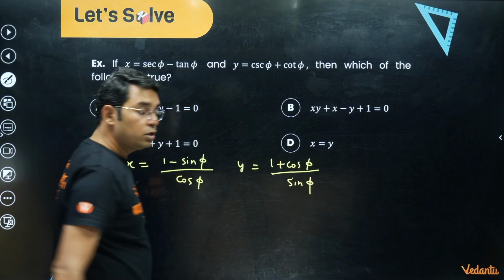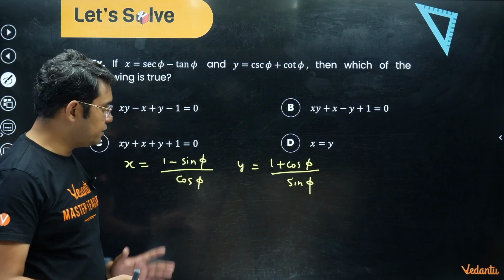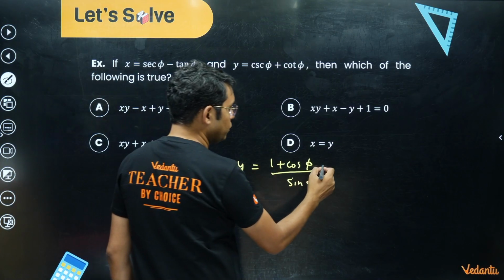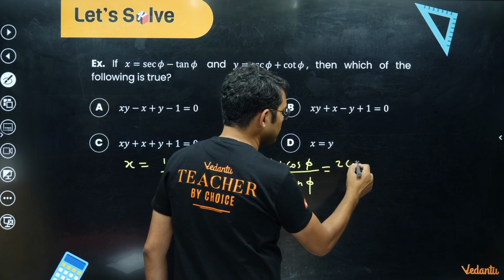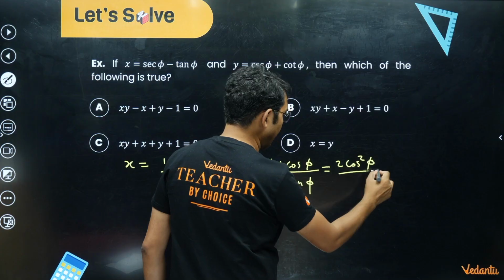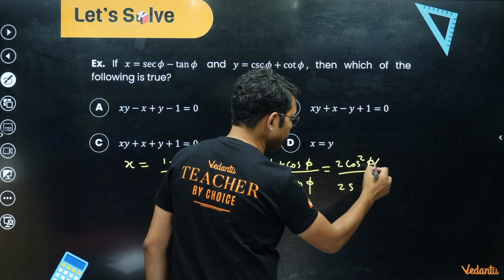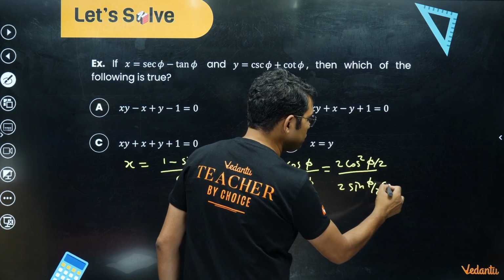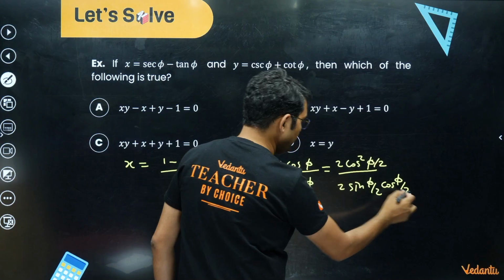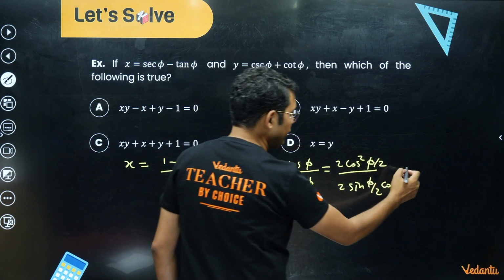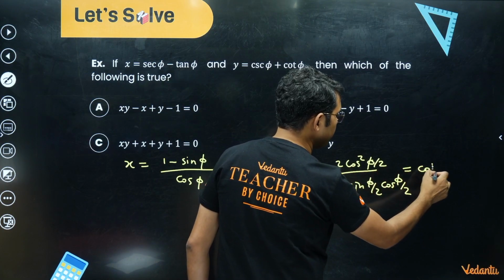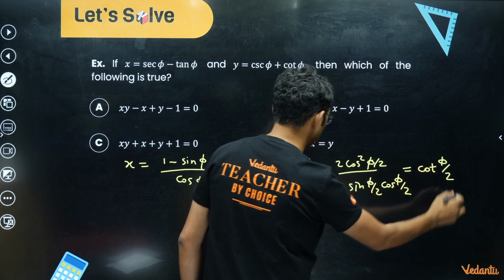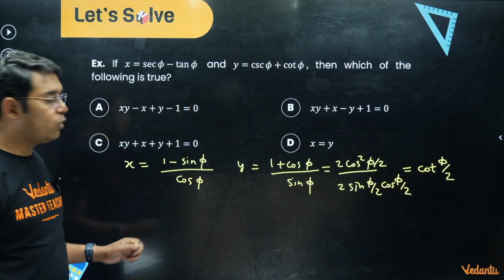Now if I use the cos 2 theta formula, as I was telling you, we can write 1 plus cos phi as 2 cos square phi by 2, upon 2 sine phi by 2 into cos of phi by 2. Now 2 will get cancelled and we will get this to be equal to cot phi by 2. So this y value is coming out to be cot phi by 2.